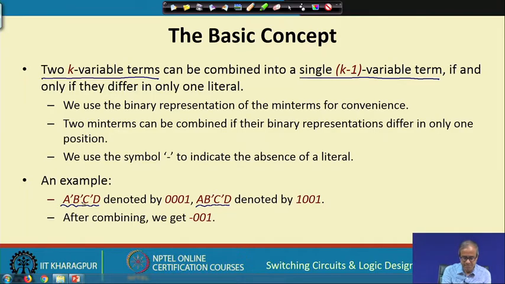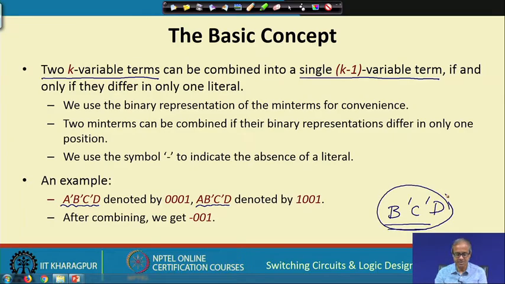You combine them, and this A disappears, you get B bar, C bar, D, a 3 variable term. Here k was 4, after combining you get a single k minus 1 variable term. This is possible if and only if the two terms differed in a single literal. Here they were differing only in A bar and A, B bar, C bar, D was common, right.